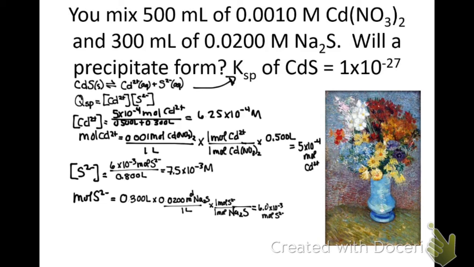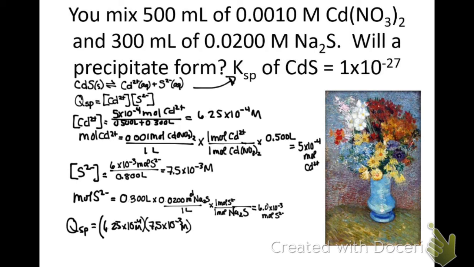Okay, now to calculate QSP, I get that QSP equals 6.25 times 10 to the minus 4 times 7.5 times 10 to the minus third molar.